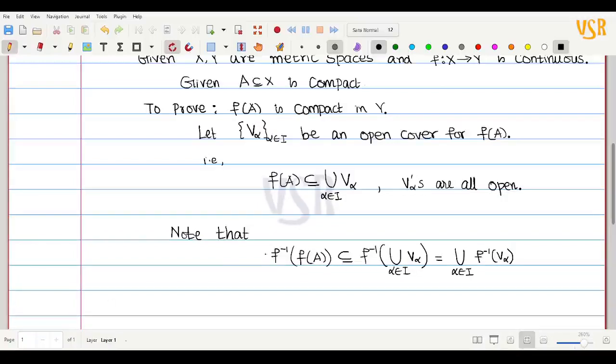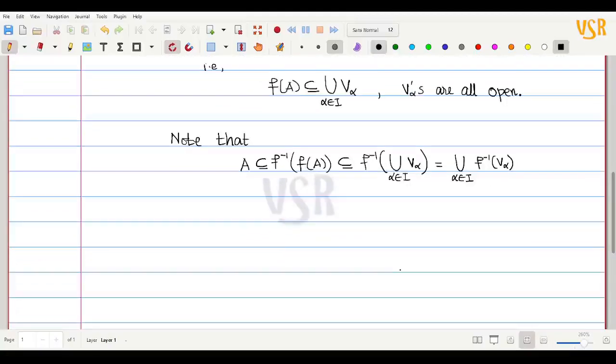So capital A is a subset of the union over alpha in I of f inverse of V alpha.